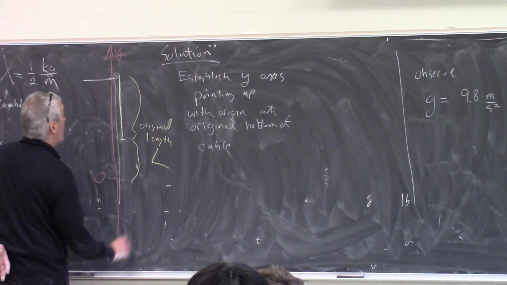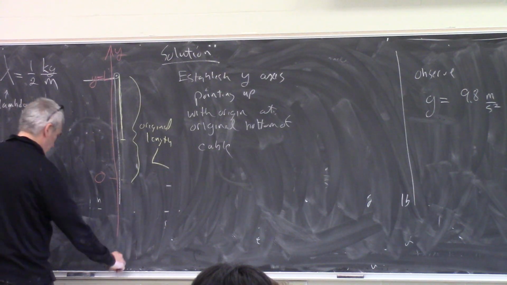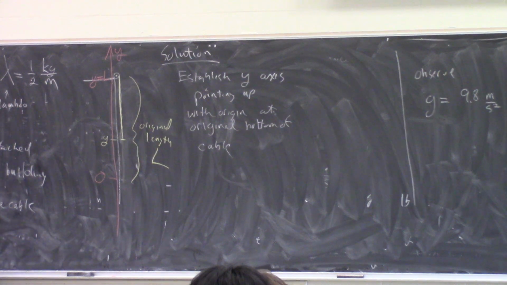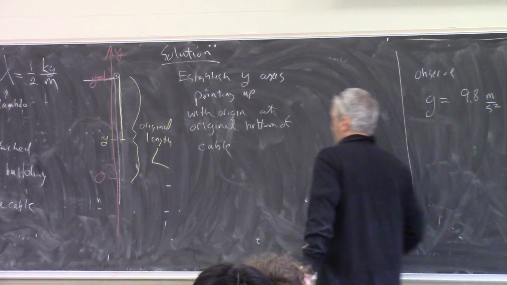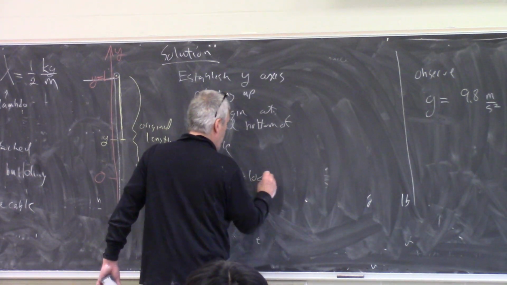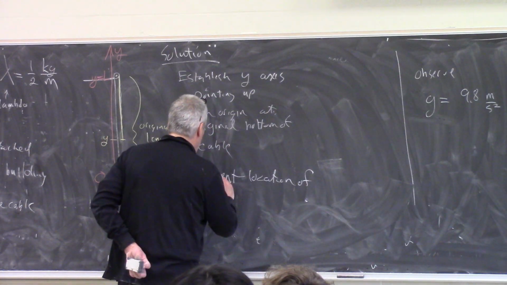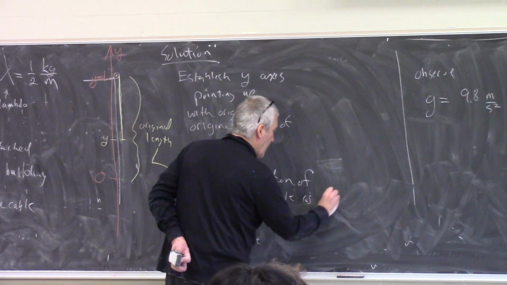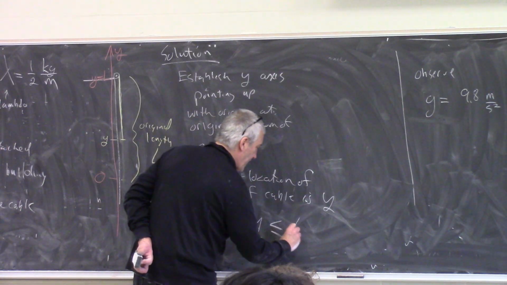So this point up here would be y equals capital L. And then the current location of the bottom of the cable is just going to be y. So the current location of the bottom of the cable is y. So y is going to be a number that's greater than or equal to 0 and less than or equal to L.